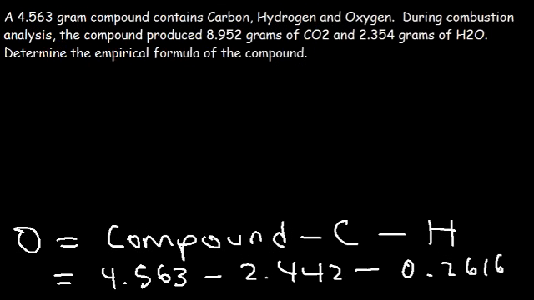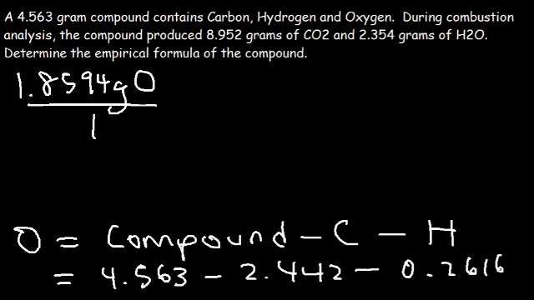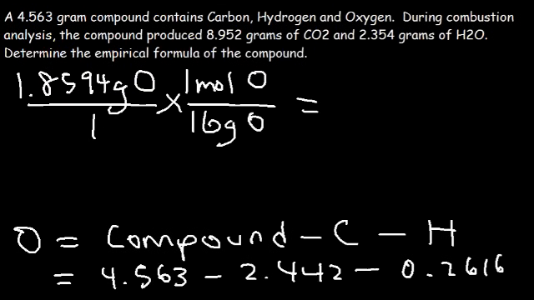So you should get 1.8594 grams of oxygen. Now let's convert grams of oxygen into moles. So the molar mass for atomic oxygen is 16 grams. So 1.8594 divided by 16 is about 0.1162 moles of oxygen.